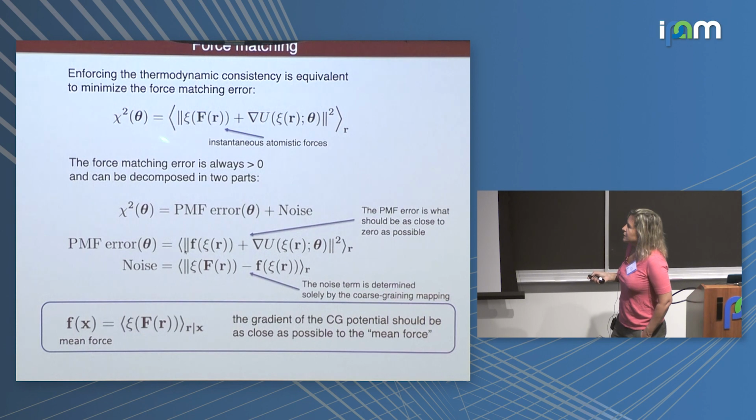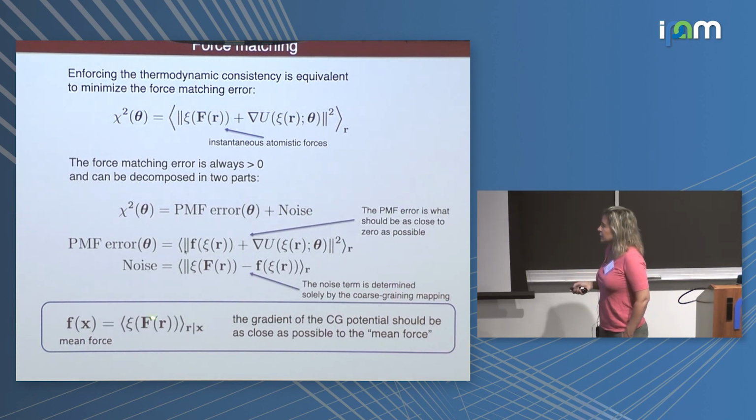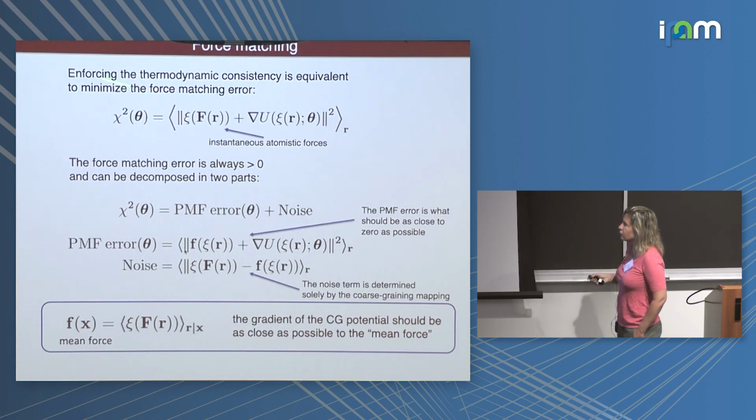In particular, it's possible to reformulate the thermodynamic consistency into this so-called force matching that is equivalent to minimizing this functional. Basically, it's possible to reformulate it in a variational form.